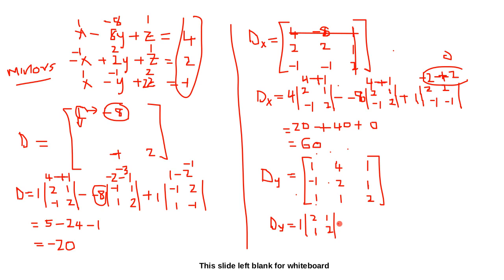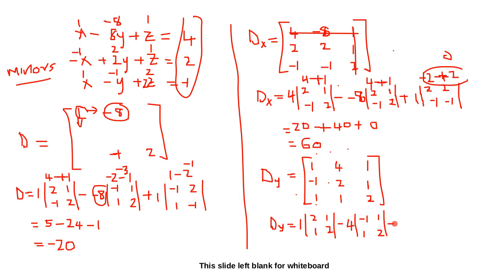Then minus, the second element is a 4. So 4 into, then we delete row 1 where that 4 is appearing. It is appearing in row 1 and in column 2. So we delete row 1, we delete column 2. So what we'll have here is negative 1, 1, 1, 2.